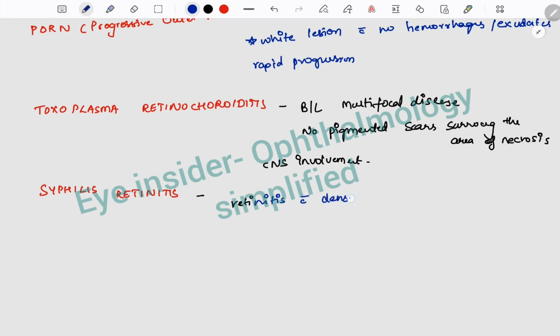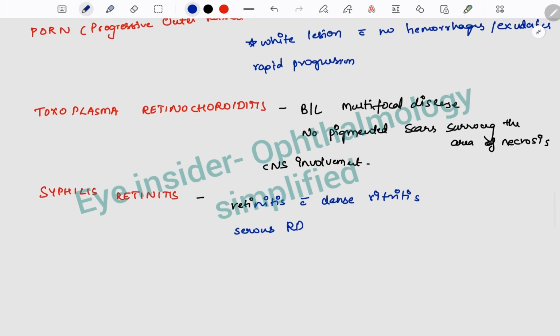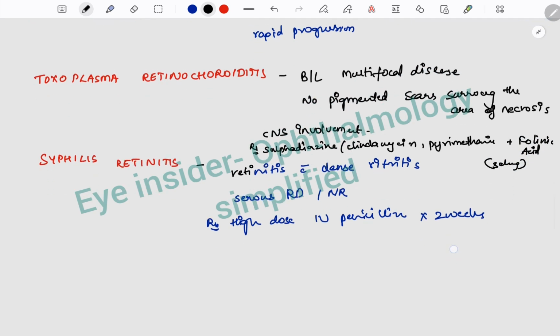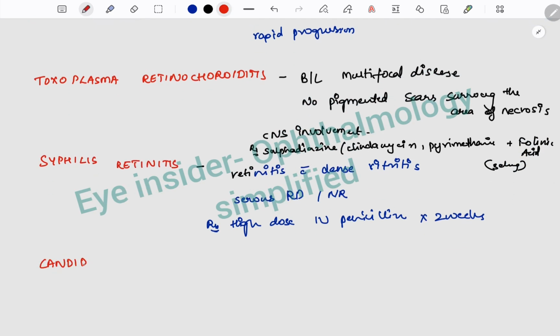Syphilis retinitis is retinitis with dense vitritis. There are chances of serious retinal detachment. The treatment is with high dose IV penicillin, which can be given for 2 weeks. The treatment of toxoplasma retinochoroiditis, I forgot to mention, is sulfadiazine, and there are 3-drug therapies also.